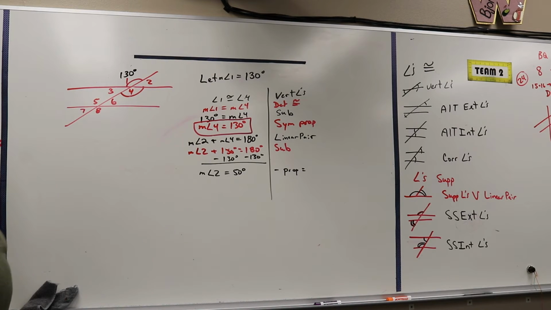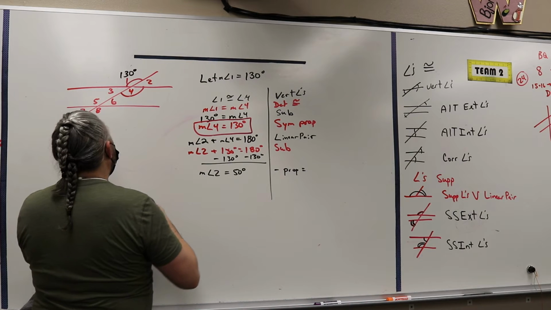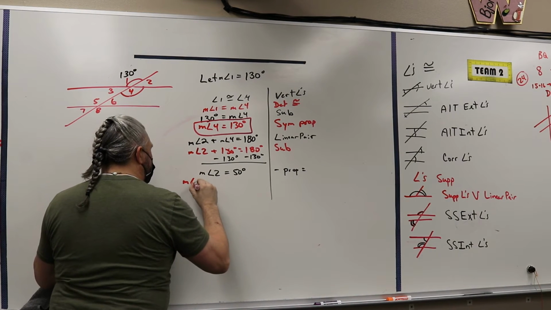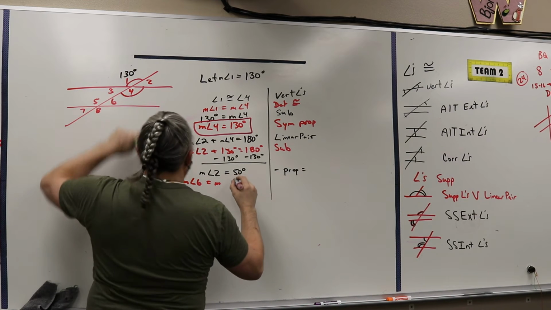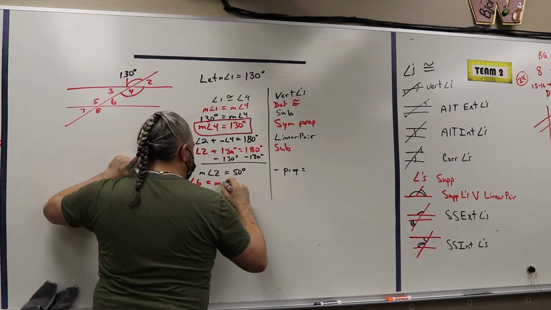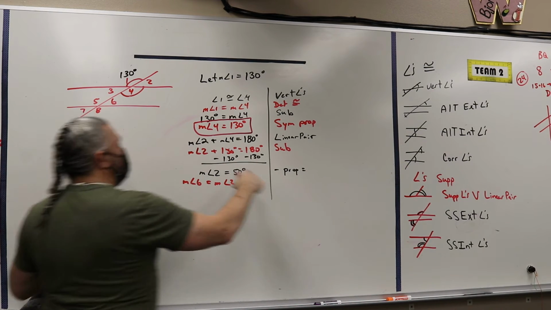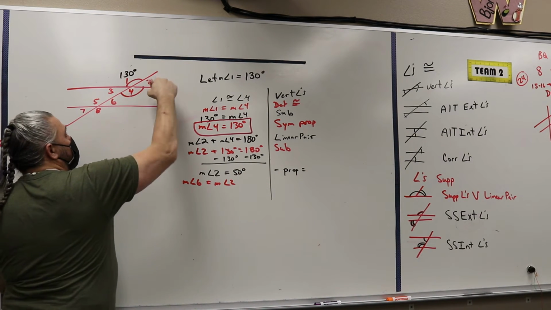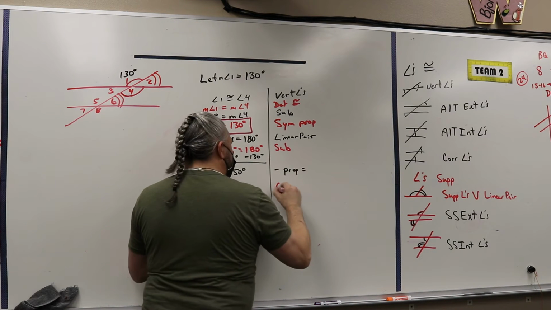So we can say the measure of angle 6 is equal to the measure of angle what? 2. Why? Because they are corresponding angles. Good. Corresponding angles. That's it.